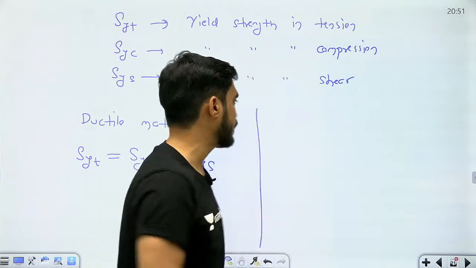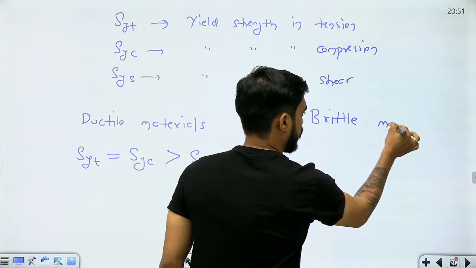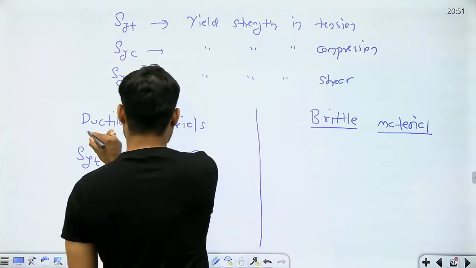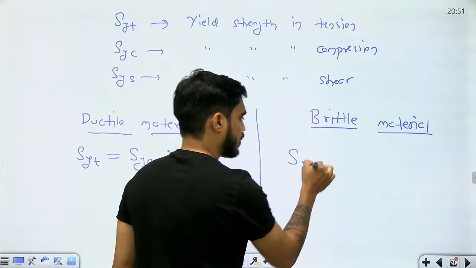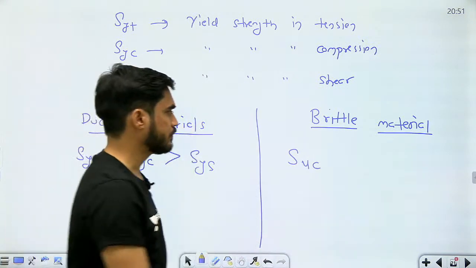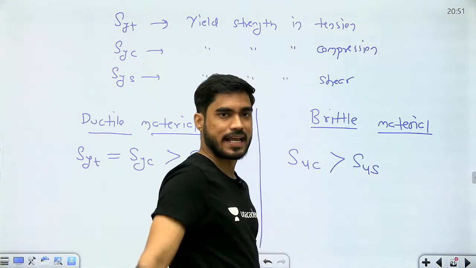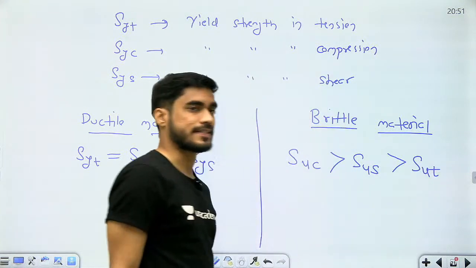But in case of brittle material it is different. This story is different. Brittle material के केस में ये story अलग होती है. In case of brittle material, the compressive strength is maximum, then the shear strength, and minimum is tensile strength.